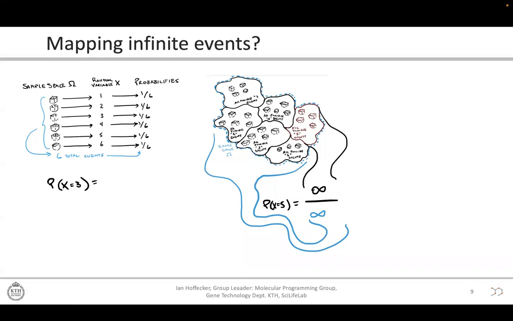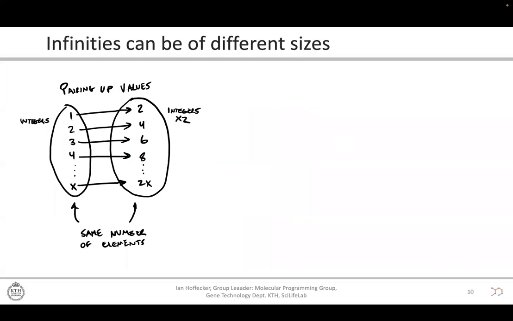And you might be thinking, how is this possible? Infinity divided by infinity, does that even make sense? And it turns out infinities can be different sizes. So one way to think about this is, let's say I paired up integers. If we had all the integers as one set, then we can imagine another set where I'm multiplying the integers by 2. So we have one set on the left here, all the integers, and then another set, all the integers multiplied by 2.